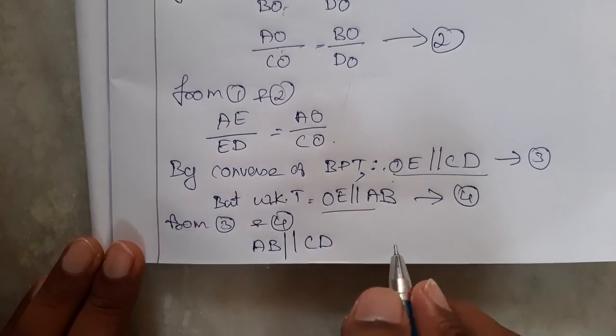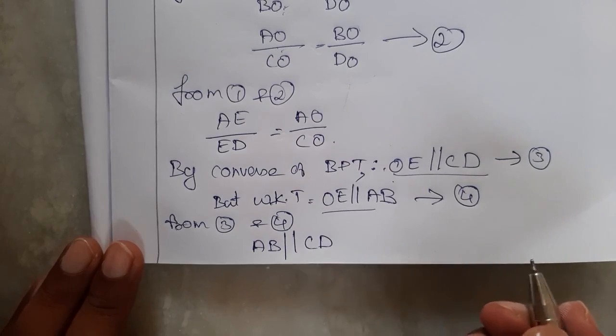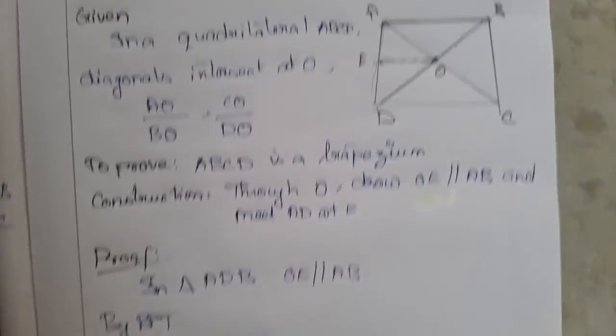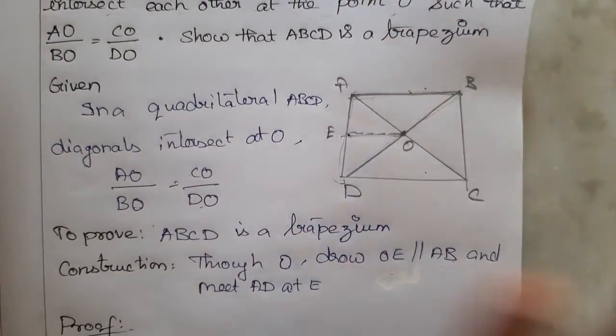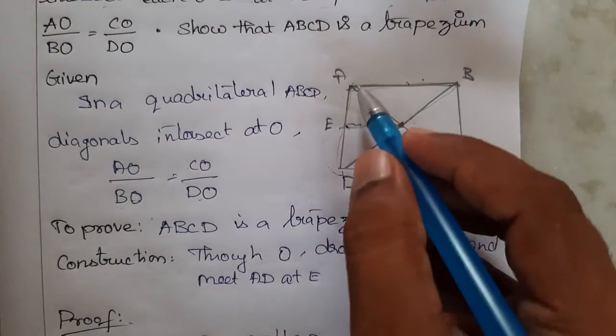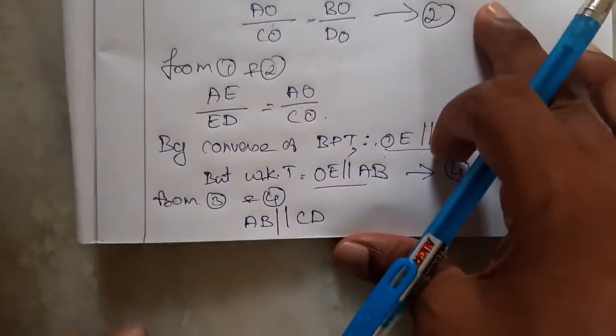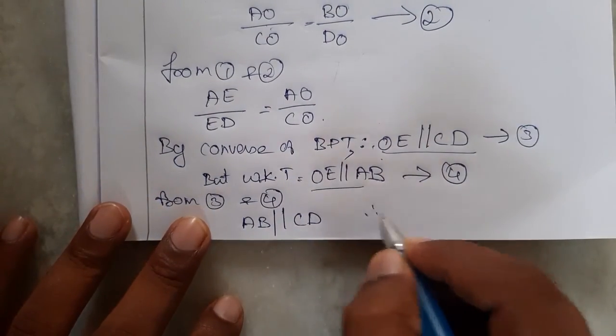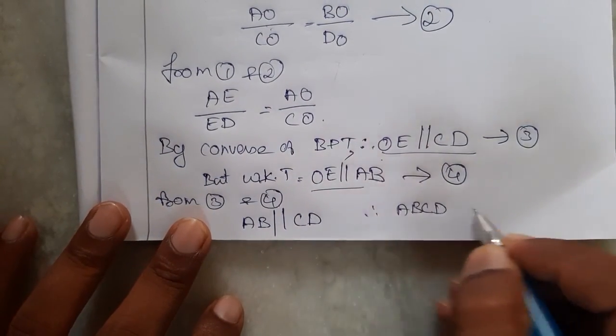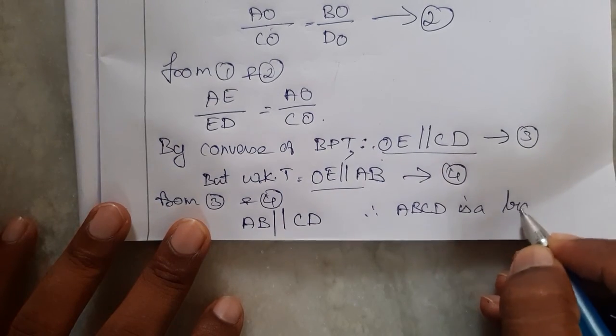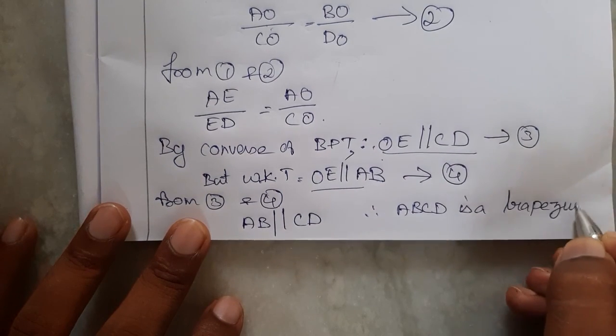If any one side is parallel, then it is a trapezium, right? Trapezium means only one pair of sides will be parallel. We don't have to care about the other side. So these opposite sides are parallel, and that's what we have proved here. Therefore ABCD is a trapezium. Thank you.